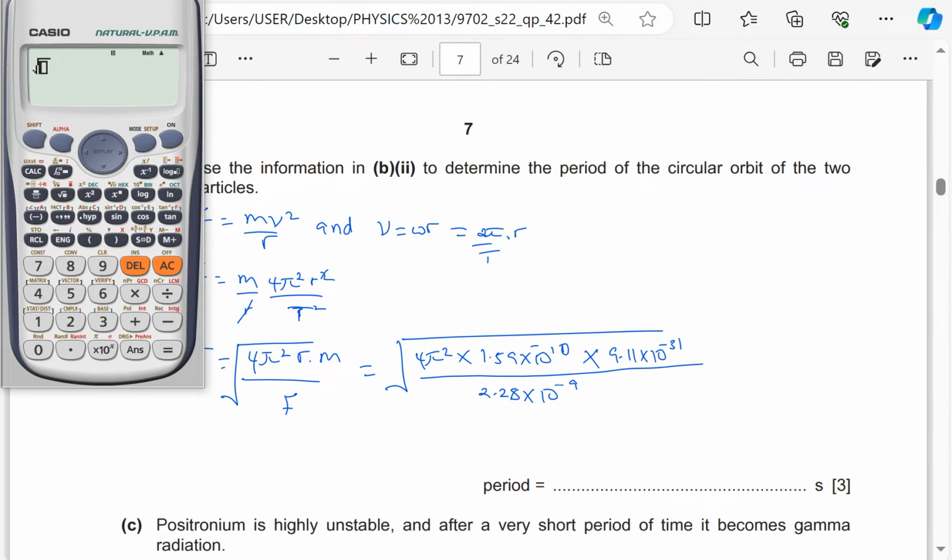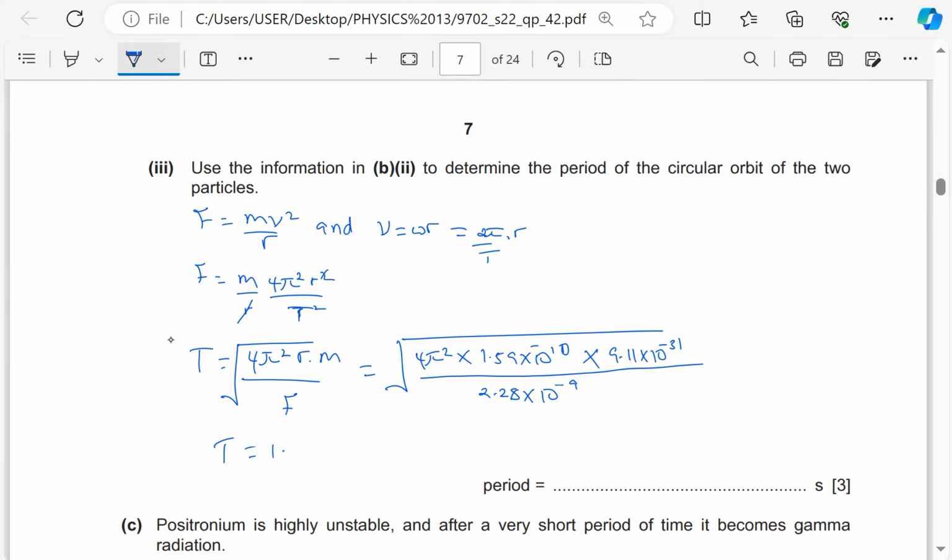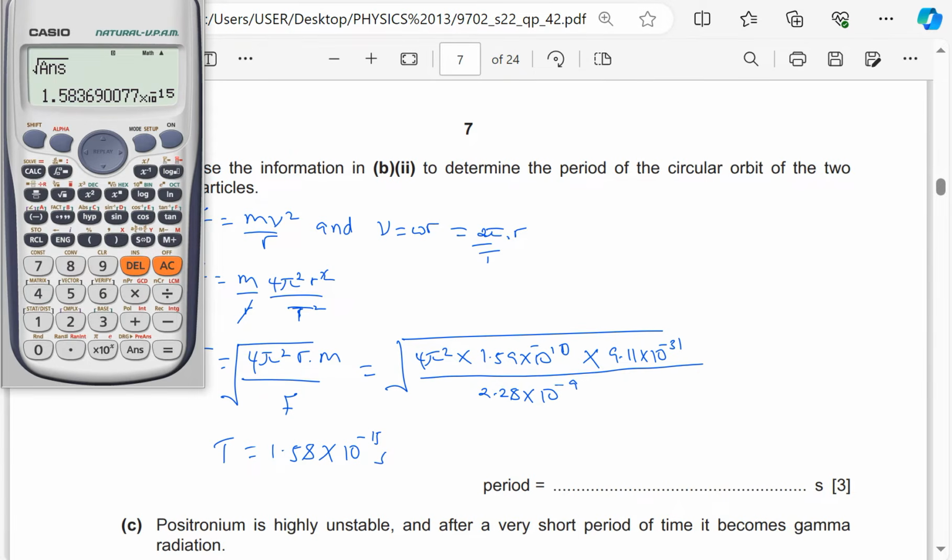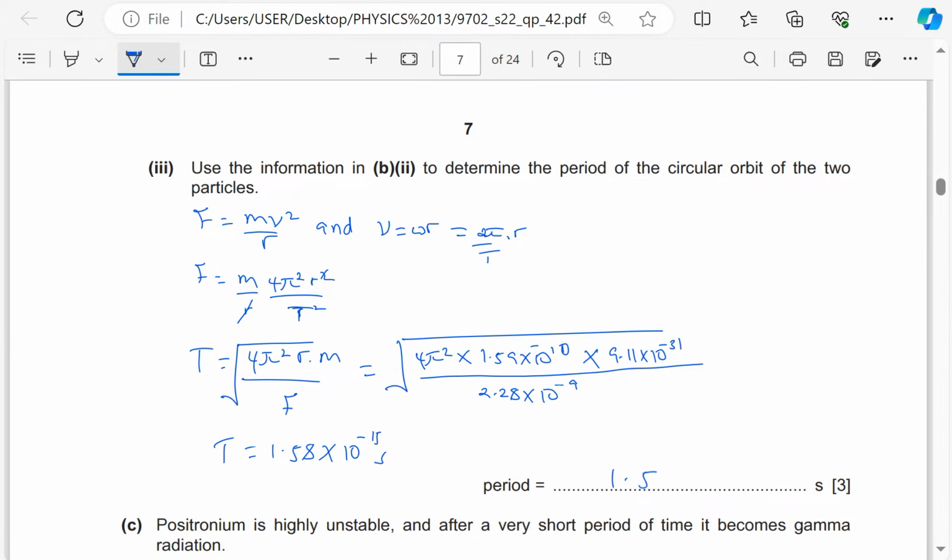Then I find the square root of the answer. So this is 1.58 times 10 to the power of minus 15. So T is 1.58 times 10 to the power of minus 15 seconds. So that is going to be the period.